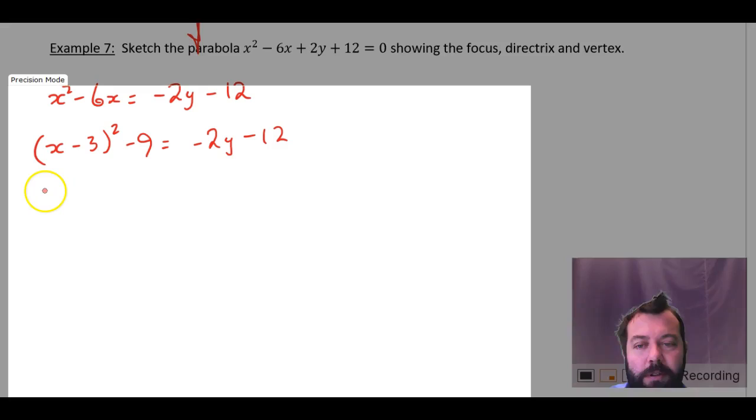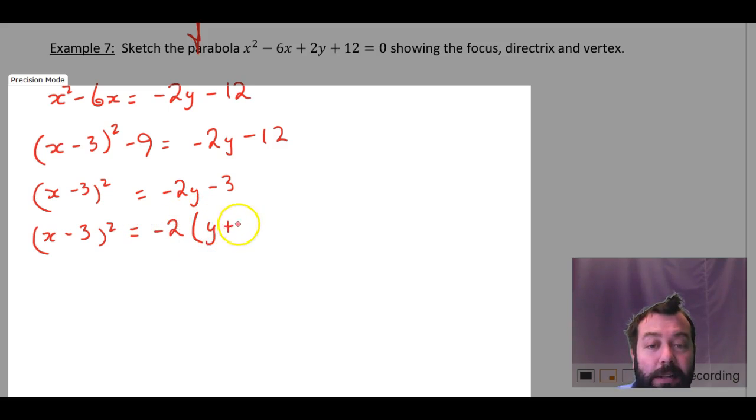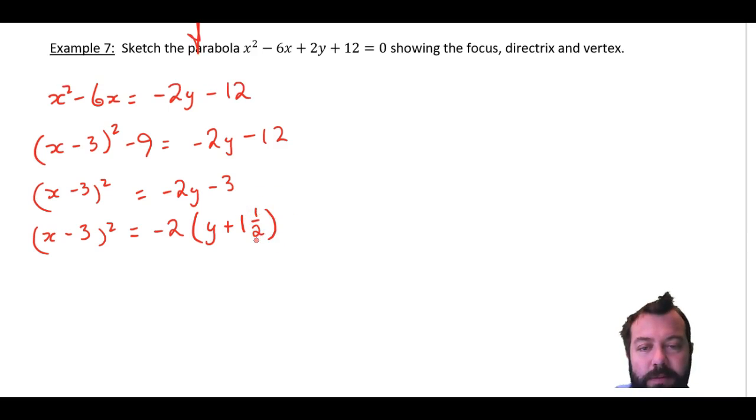Now, x minus 3 all squared equals negative 2y, adding 9 to both sides, minus 3, x minus 3 all squared equals negative 2 outside of y plus, be careful here, 1.5 because I'm taking a negative factor out.